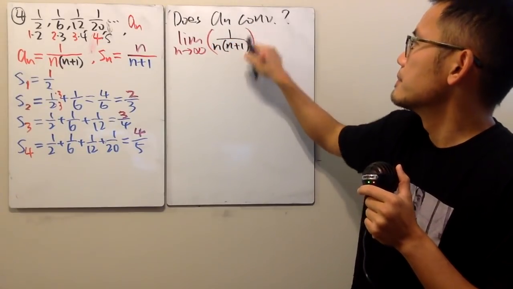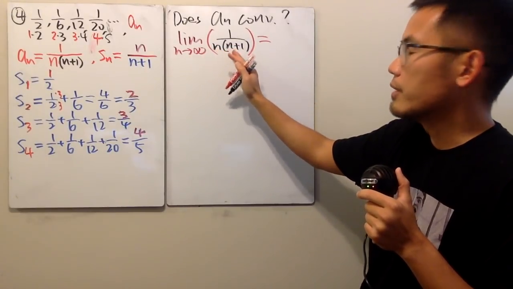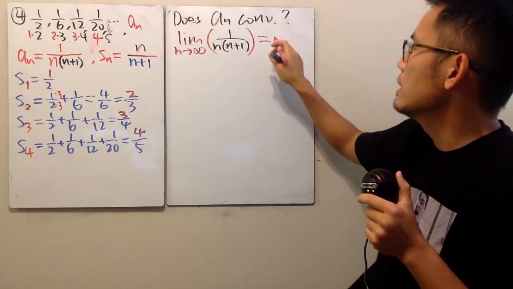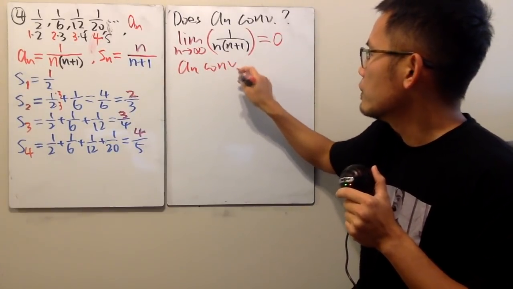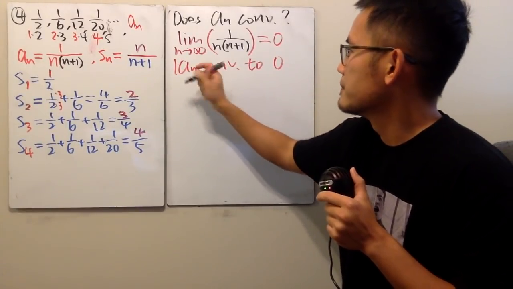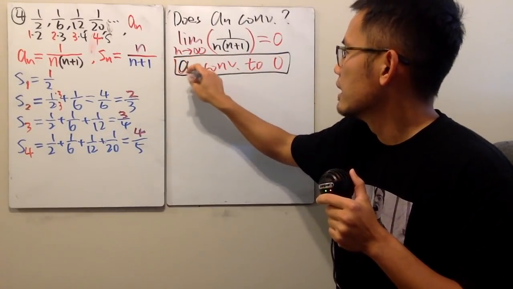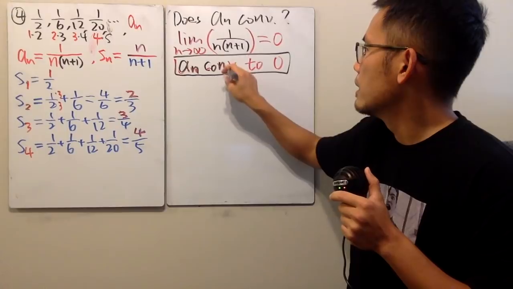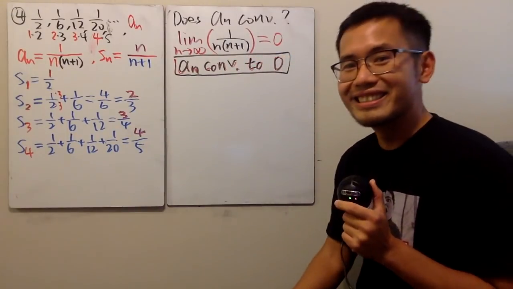This is straightforward because you can just put the infinity here and here. We get 1 over infinity, and we end up with 0. So we can say an converges to 0. And with that, we are done, right? So this right here is it. An converges to 0, like this.